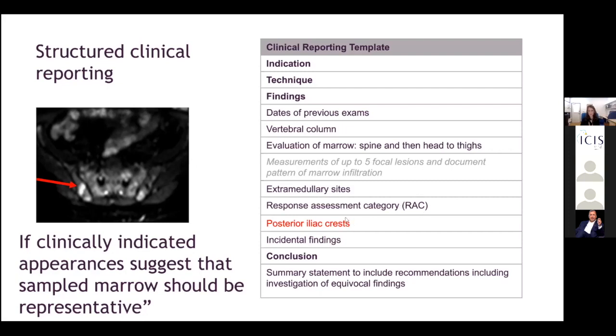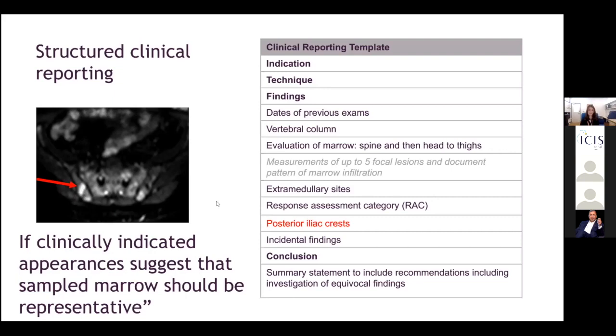What I will just point out is that we do recommend that when we're reporting whole body MRI for myeloma patients, we always make a comment about appearances of the marrow in the posterior iliac crest. And in fact, those bone trephines have usually been performed before the imaging. And if you look over here, you can see that we can usually see that trephine tract.